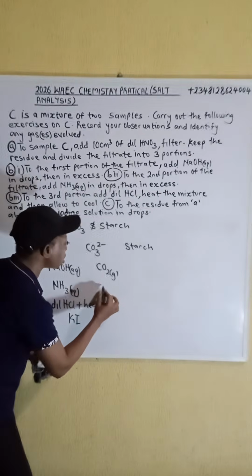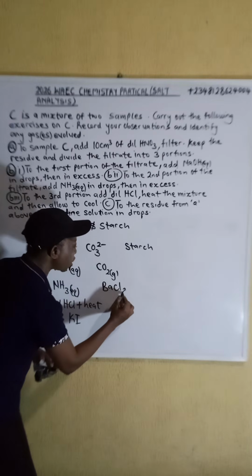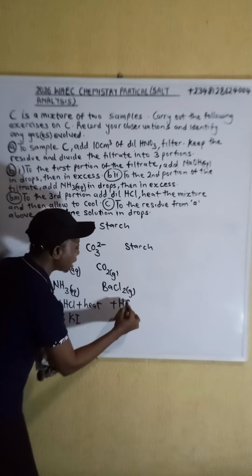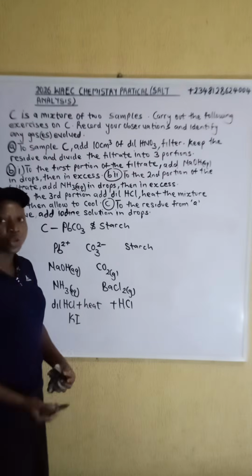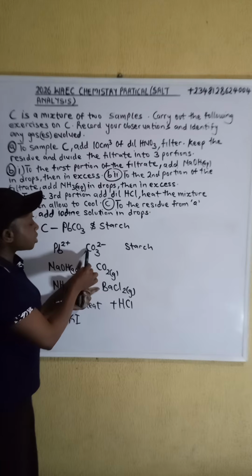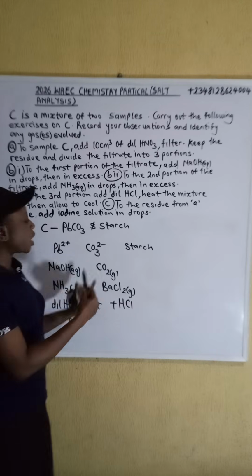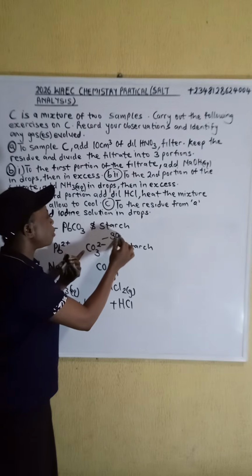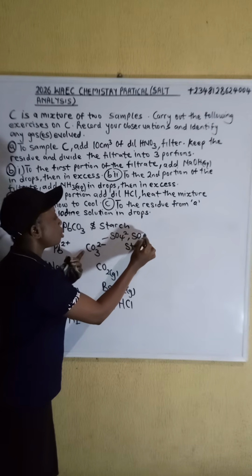Then we can also use aqueous barium chloride, followed by the addition of dilute hydrochloric acid or HNO3. Now, carbonate is not the only compound that we can use barium chloride to confirm. We can also use barium chloride to confirm the presence of SO4 2- and SO3 2-.